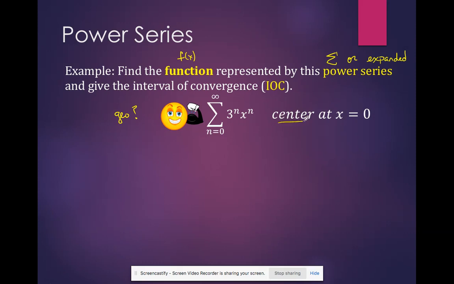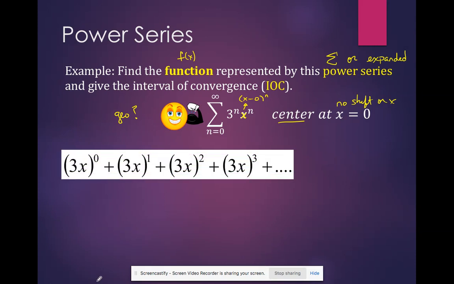Also, can you see that the center is 0? There's no shift on x, right? I just have x to the n or x minus 0 to the n. So I expanded it just to get an idea of what's going on. Nobody asked me to expand it. I just did.